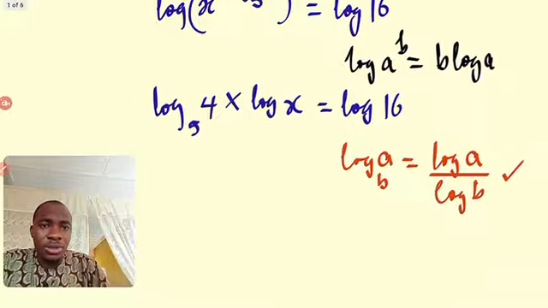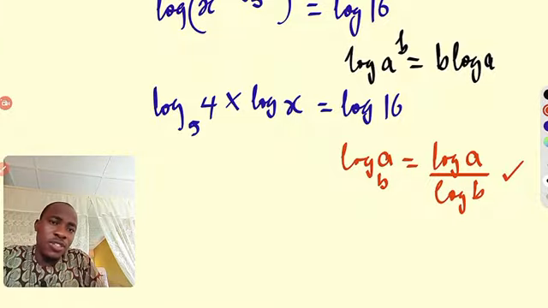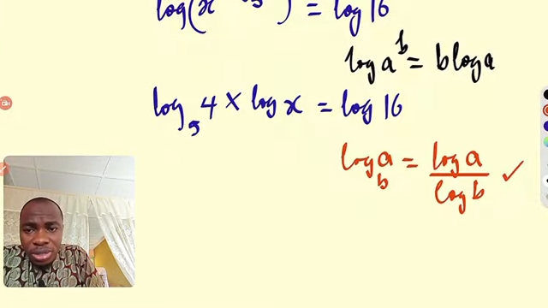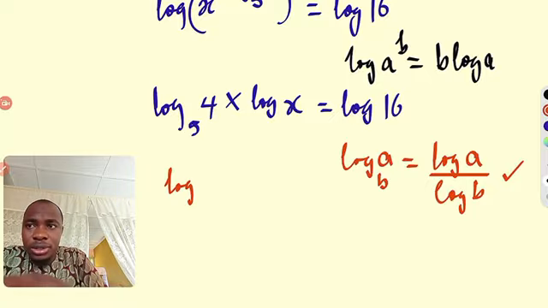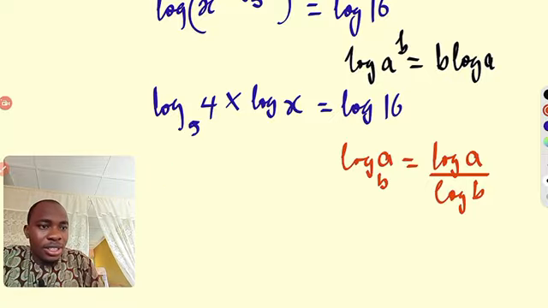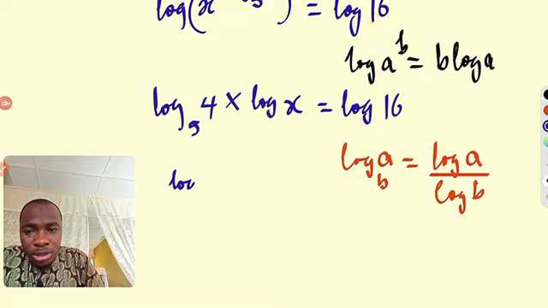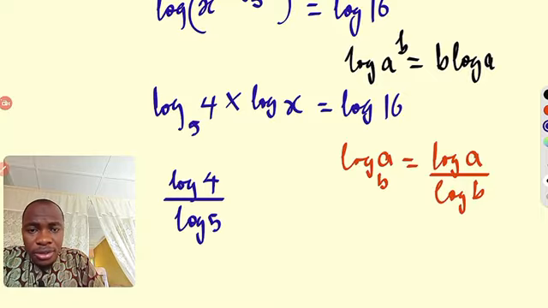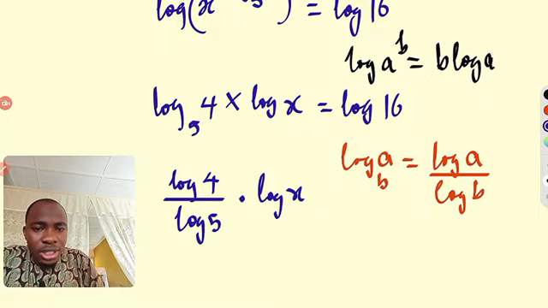So now this log 4 base 5 can be log 4 divided by log 5, then multiplied by log x, equals log 16.